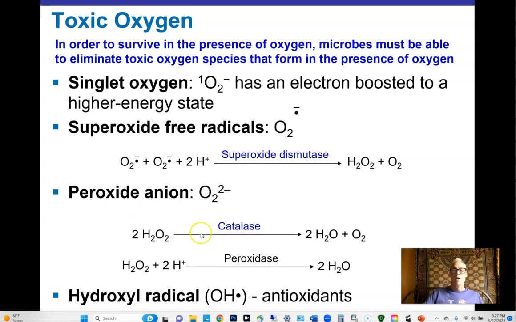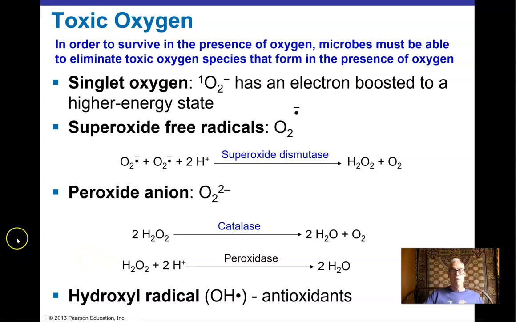But also, catalase may be another gene that these organisms have at their disposal, which will take the hydrogen peroxide and harmlessly change it into water and oxygen. And so we've taken something extra nasty, and a couple of different enzymes present in the cell can get rid of it for us. Peroxidase is another enzyme that some microbes have to destroy hydrogen peroxide and turn it into water. So that's what cells have to be able to exist in the presence of oxygen.